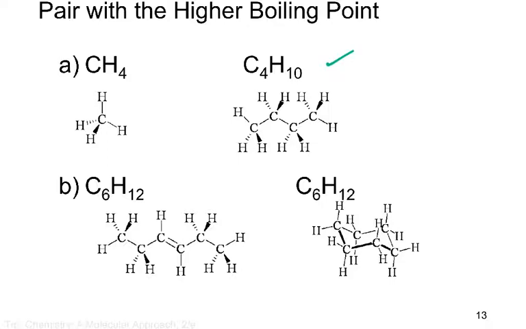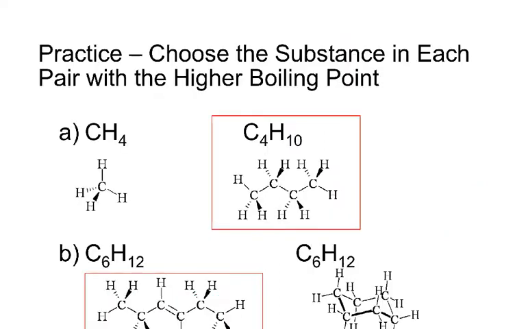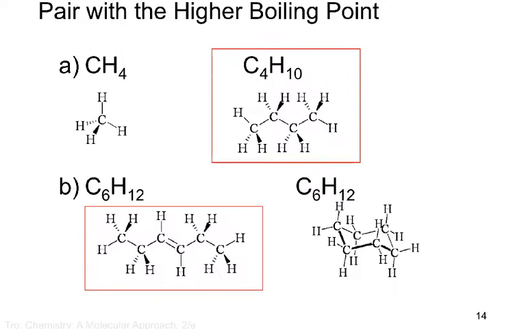Then we have two isomers of C6H12, one that is kind of long and oblong essentially, and one that is in a ring shape. So the higher boiling point should be the one that is oblong. So there's the correct answers.